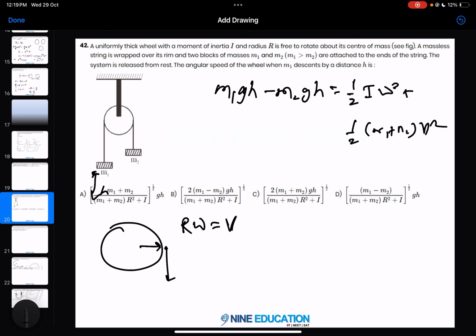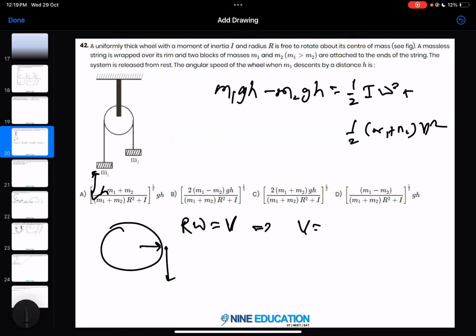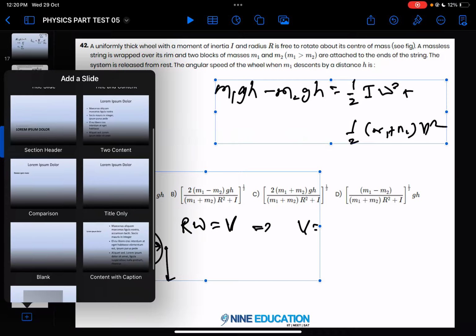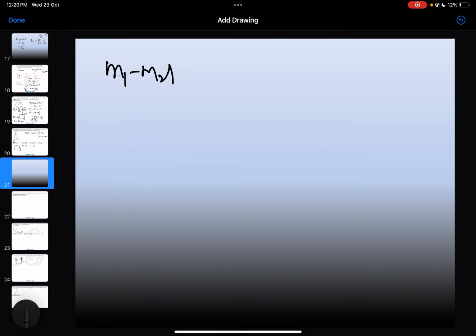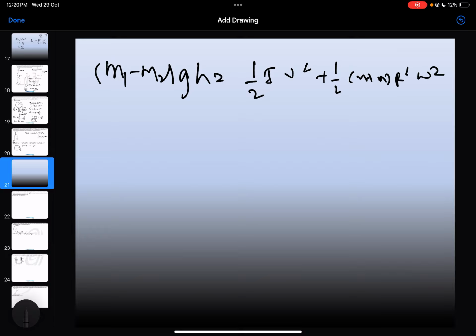And we need to find omega. So we will substitute v is r omega in this equation. So the equation is m1 minus m2 into gh is half I omega square plus half m1 plus m2 into v is r omega, r square omega square.